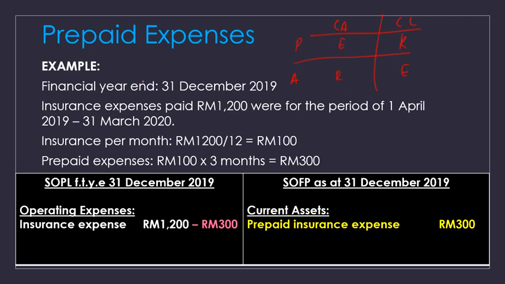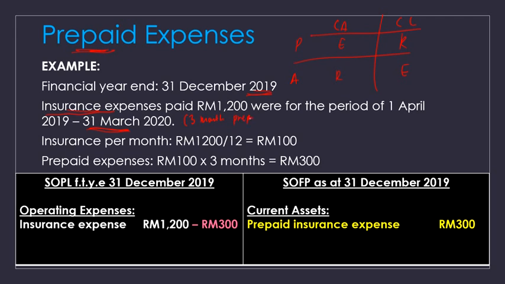Okay. So sekarang kita nak prepare untuk 2019. Tapi insurance expenses ni kita dah membayar sampai bulan 3 2020. So berapa bulan yang prepaidnya? Kita kira lah. Bulan 1, bulan 2, bulan 3. So 3 bulan prepaid. Okay, prepaid.